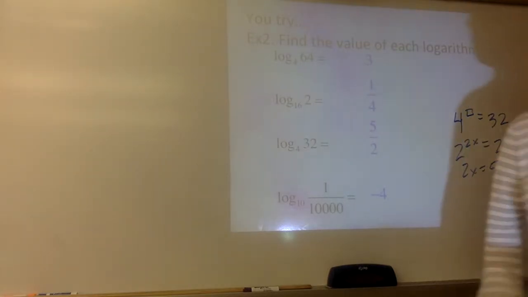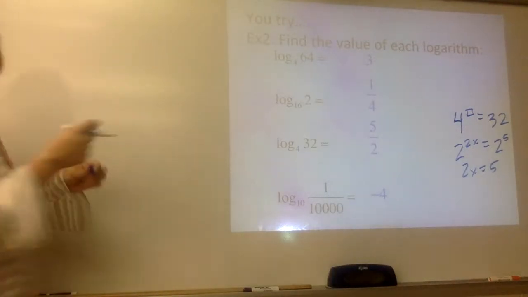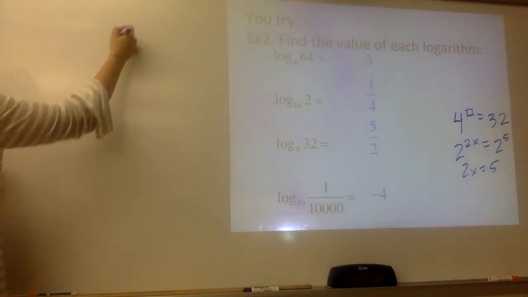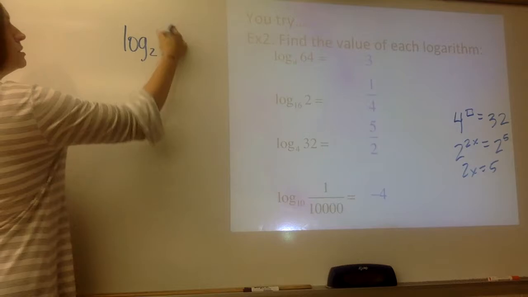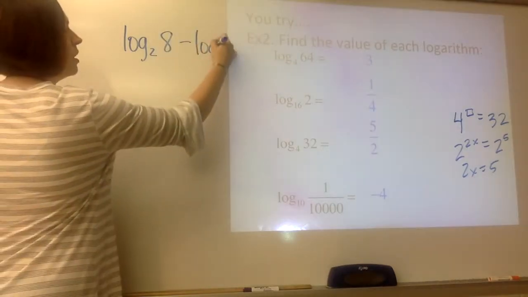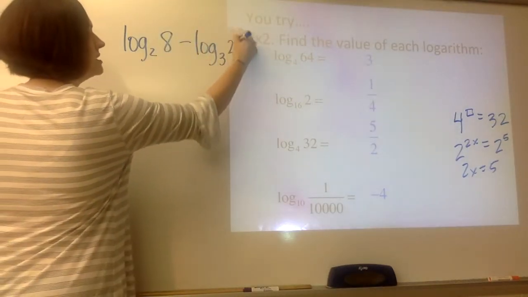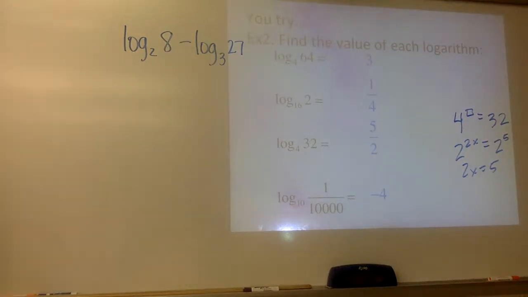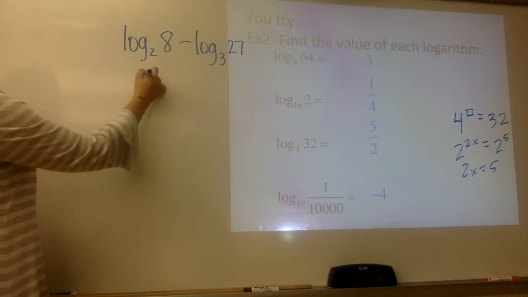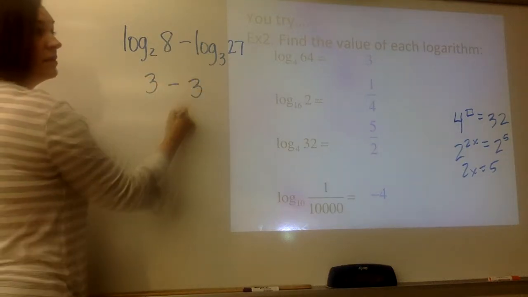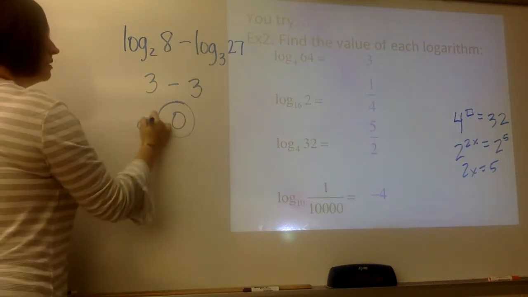So that brings me to a good point. Let's say that you were taking an SAT type problem, which this could actually happen, and it says log base 2 of 8 minus log base 3 of 27. And you're going to have a multiple choice. The answer to this would be 3 minus 3, which is 0. That would be one of the multiple choices.